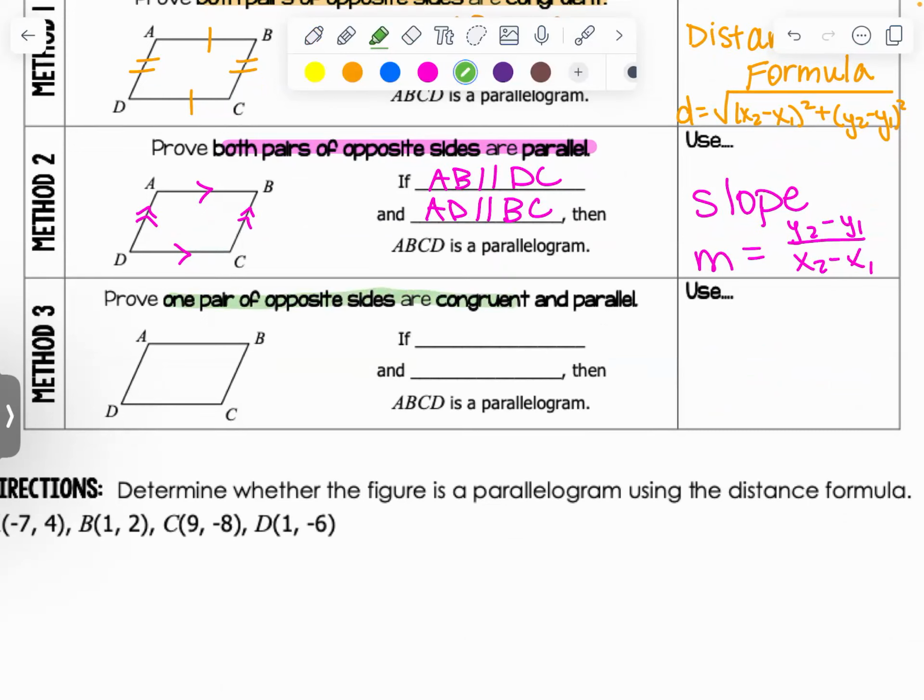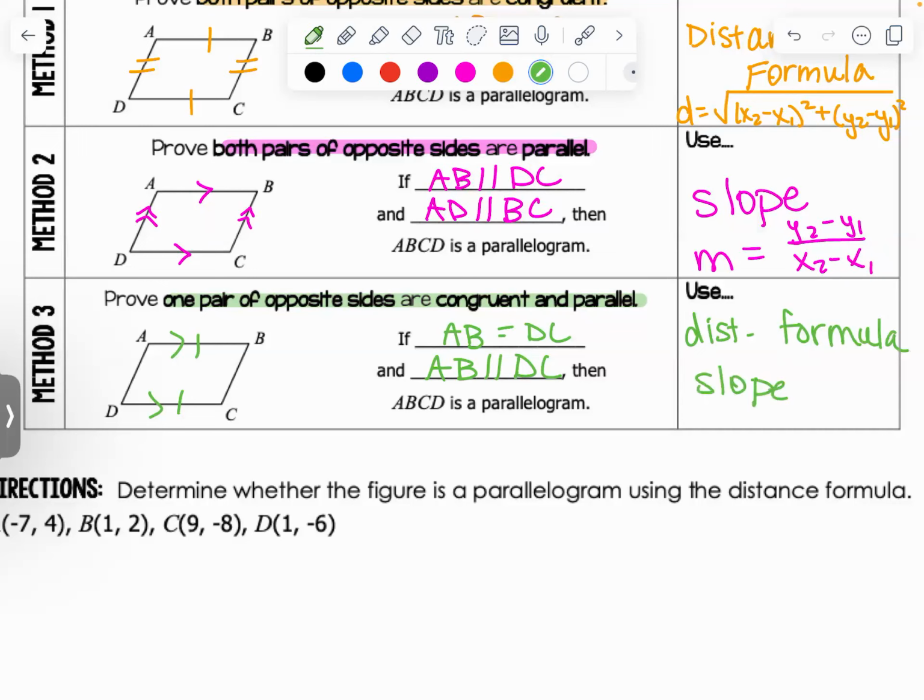We can also show that one pair of opposite sides is both congruent and parallel, which means we can pick one set of sides and show like, hey, AB and DC are equal and AB and DC are parallel, which means we would need to just take one pair of sides and use both the distance formula and slope.